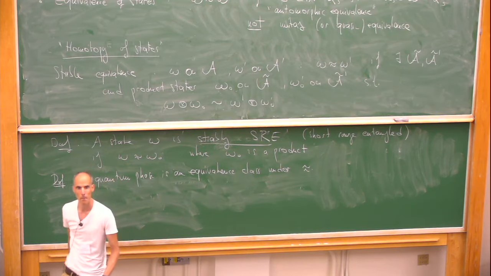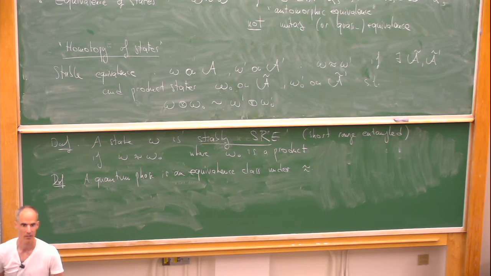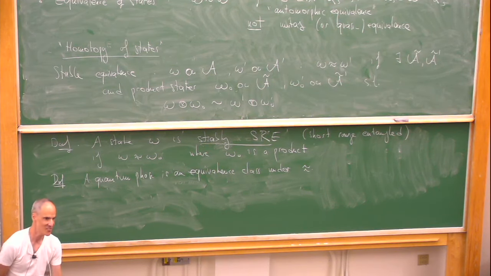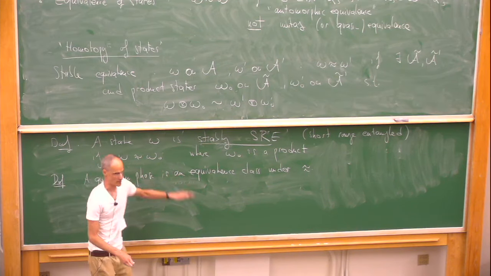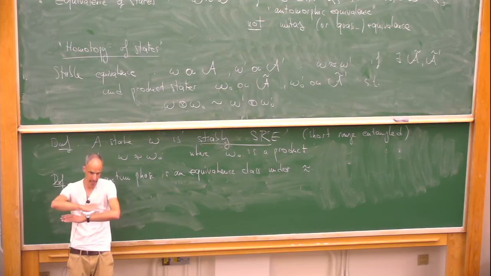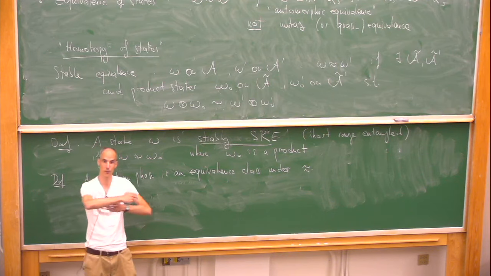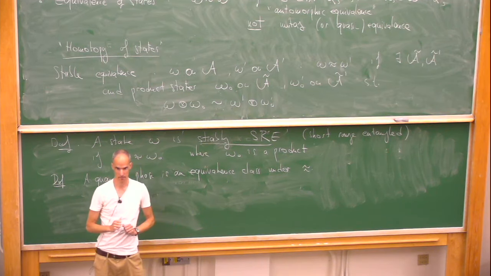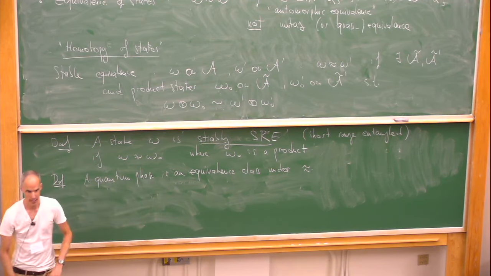Sorry, is this the same thing as invertible? No. You're forcing me to say it, right? So stably SRE is what? Up to stacking with a product state, I can deform to a product state. That's short-range entangled.